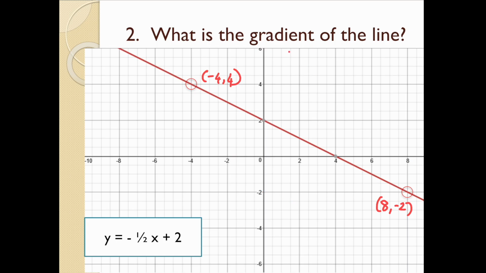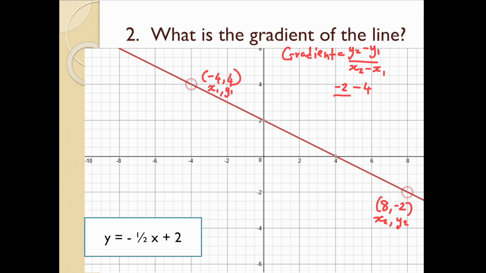So now I can say my gradient formula is equal to y2 minus y1 over x2 minus x1. So the question is, what is x2, what is x1, what is y2 and y1? That's why we have to label. So here I would say this is x1, here is y1. Now this 8 would be x2, and I'll call this one y2. Now putting this into the formula, y2 represents -2, and I'm subtracting y1, which is +4.